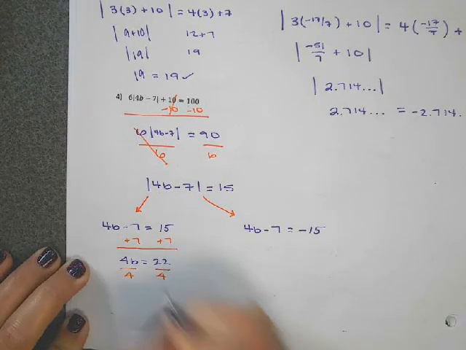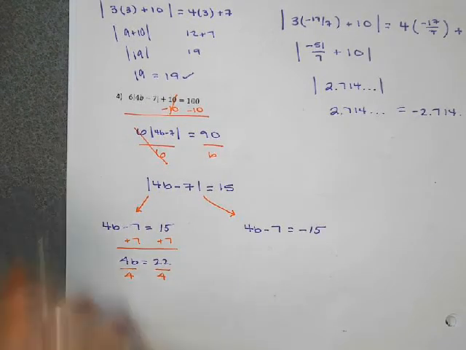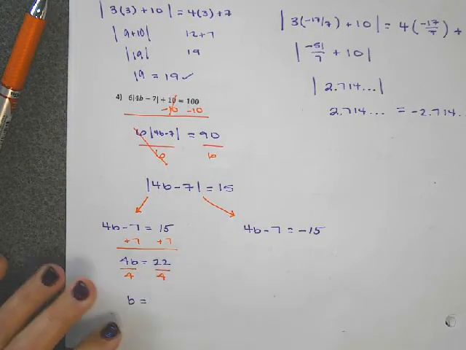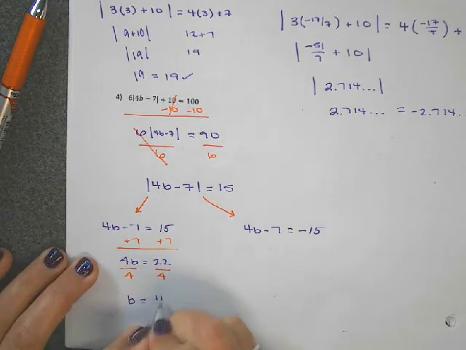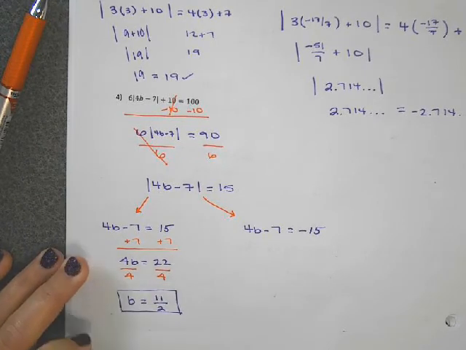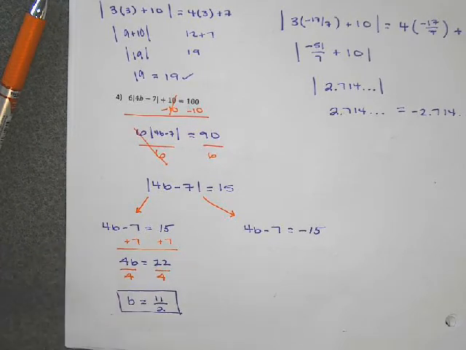Now in this case, you don't want to go to a calculator here. You want to leave it as a fraction for your answer. You can reduce it to 11/2, but you're not going to type that into a calculator. Okay, so there's one maybe solution.